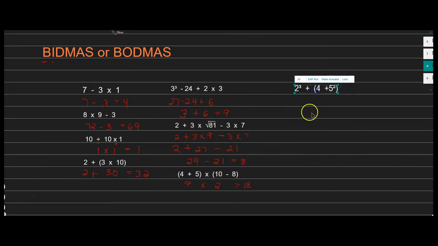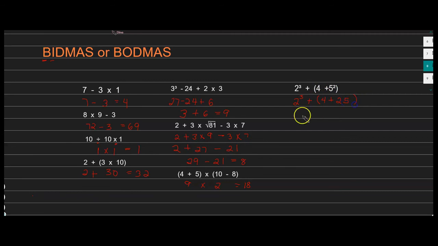Our last example is this. You have 2 cubed. Cubed stands for index. Then you have brackets and another index inside the brackets. So we do the brackets first. We just copy the 2 cubed, and inside the bracket you have 4 plus 5 squared. 5 squared is another index, so we do that before adding. 5 squared is 25.